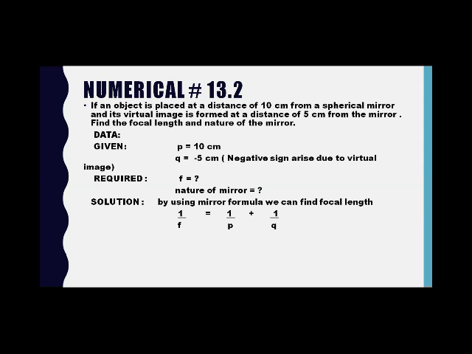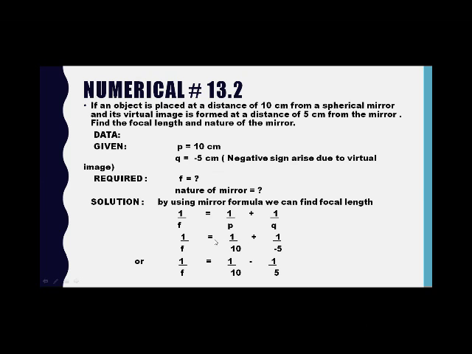Object distance p is given, image distance q is given, so we are going to put in their values. 1 over f will remain the same, while 1 over p will become 1 upon 10 plus, as it is, 1 upon q will become 1 upon minus 5. Why am I writing minus 5? Because here the value of q is minus 5.